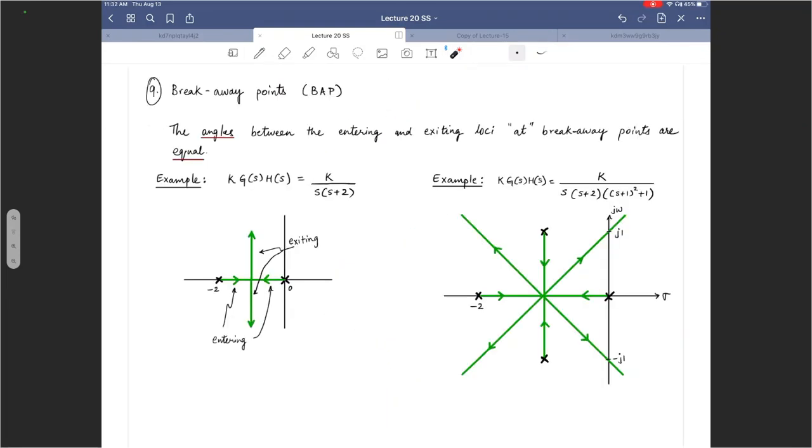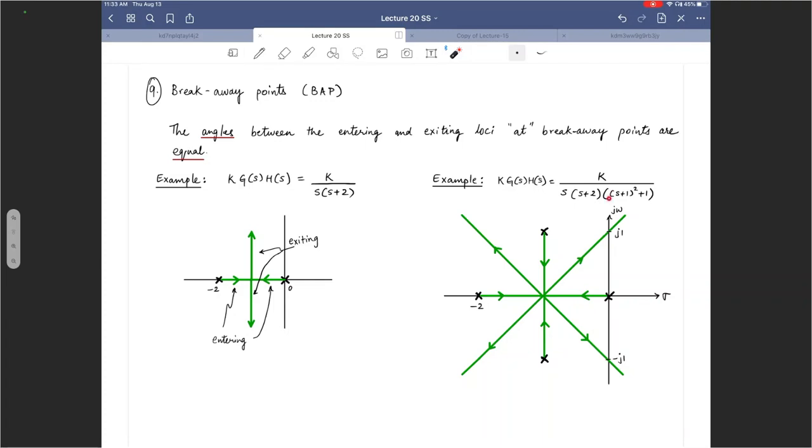This is for the example k divided by s times s plus 2. So 1 pole at 0 and 1 pole at -2 to start off with. And as you increase k, they will come together and exit out. But the angles at which they exit are going to be equal.